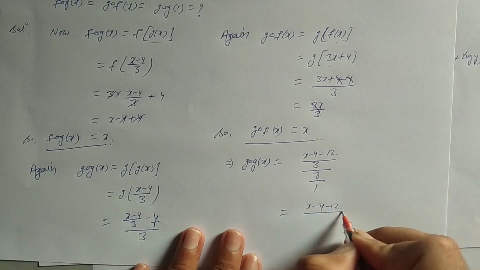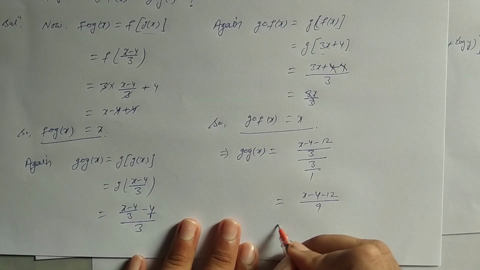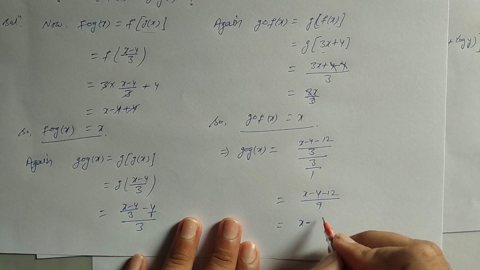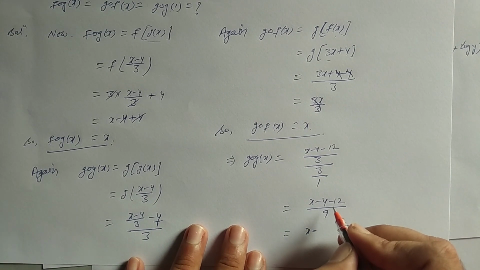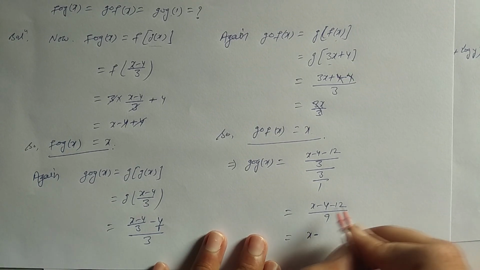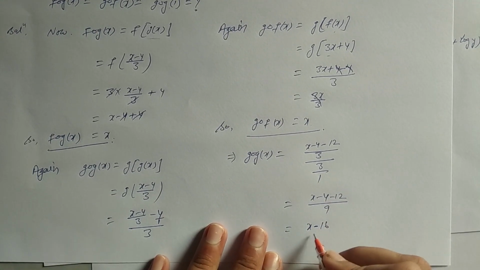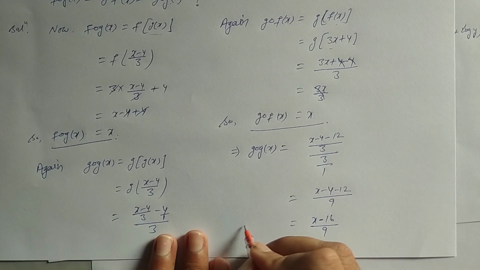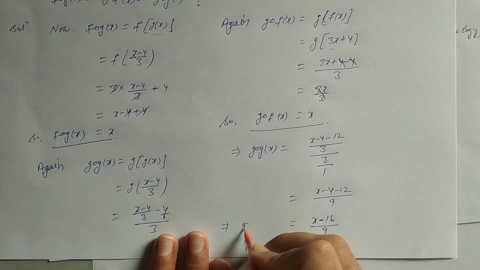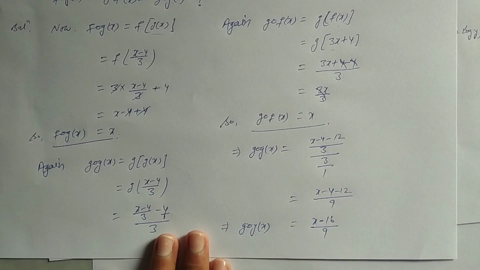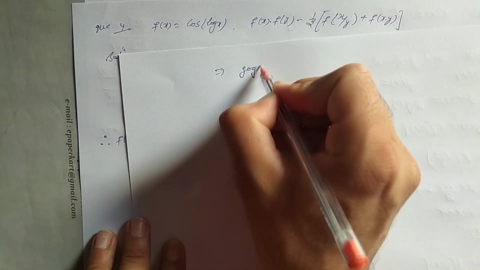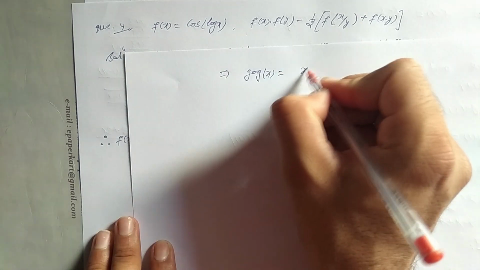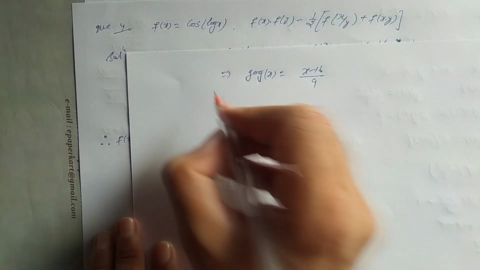minus 12 by 9, which is equal to x minus 16 by 9. This implies gog of x is equal to x minus 16 by 9.